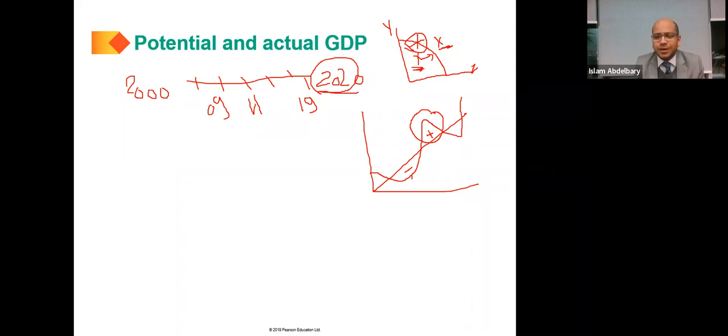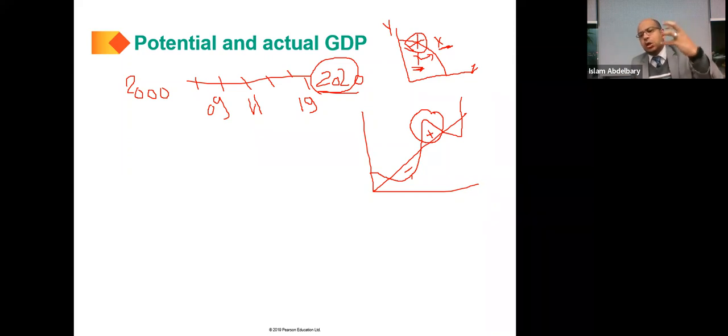So that's what we call an overheating economy. When the economy is working very hard, too much, more than we expect, it puts pressure on the economy. This will push prices up, create more inflation, and make the economy overheat. That means the economy is growing too fast than we expect.